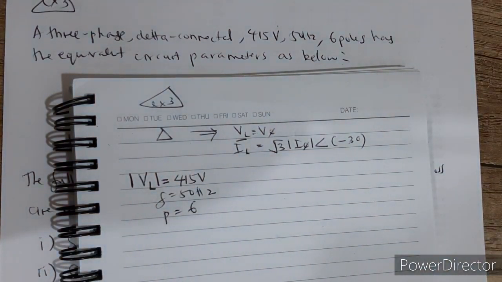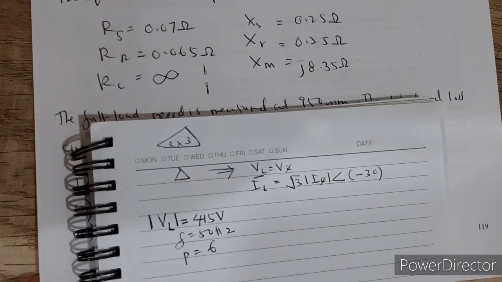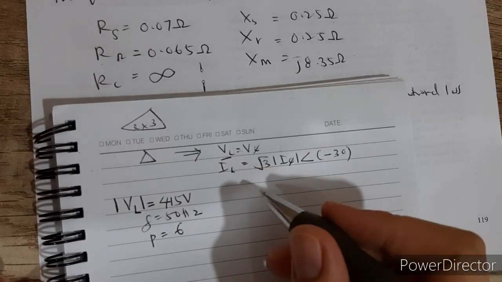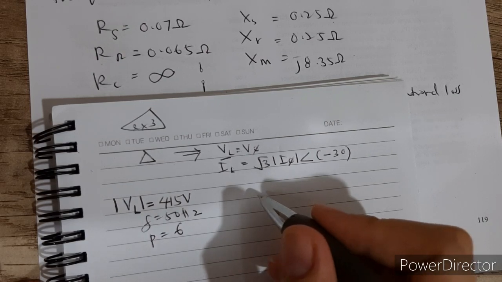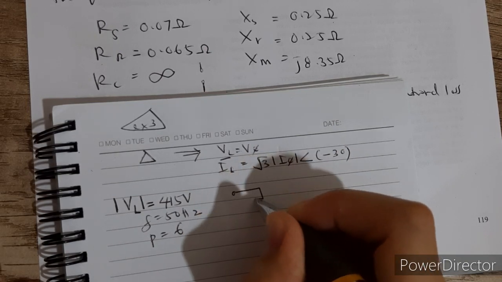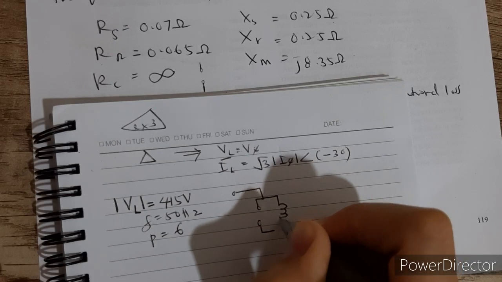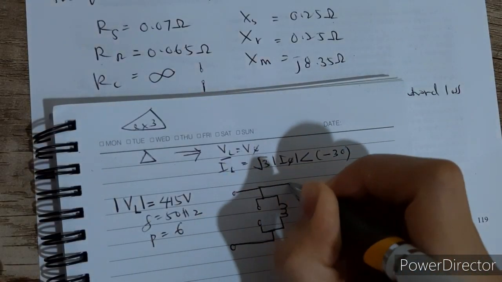Okay. Next, we sketch the equivalent circuit of the induction motor. So I'll sketch it here. Since your RC is open, we just draw it like that, or you can just draw straight downward, no problem.